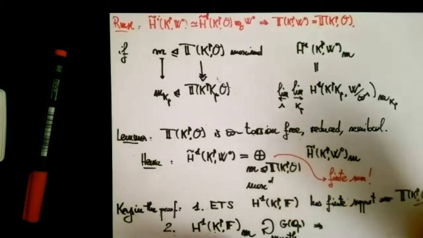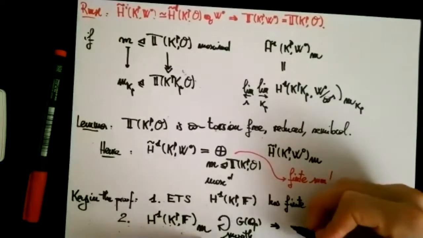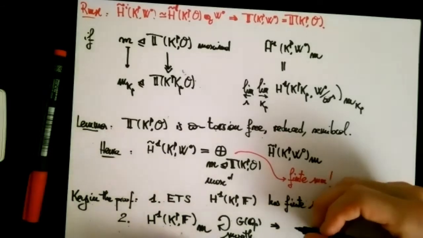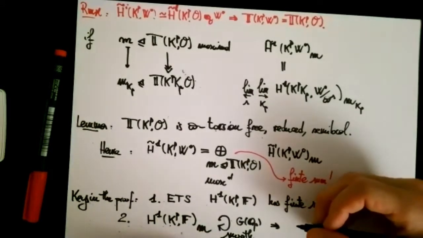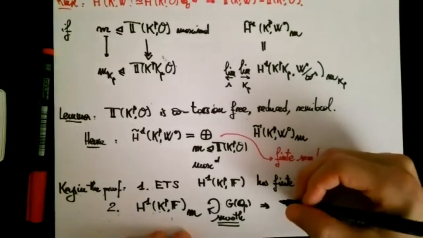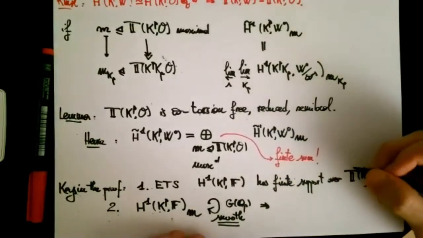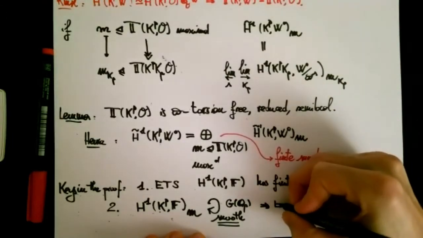And so what happens is that it's enough to show that if I take the invariant under a p-group, then this is 0.